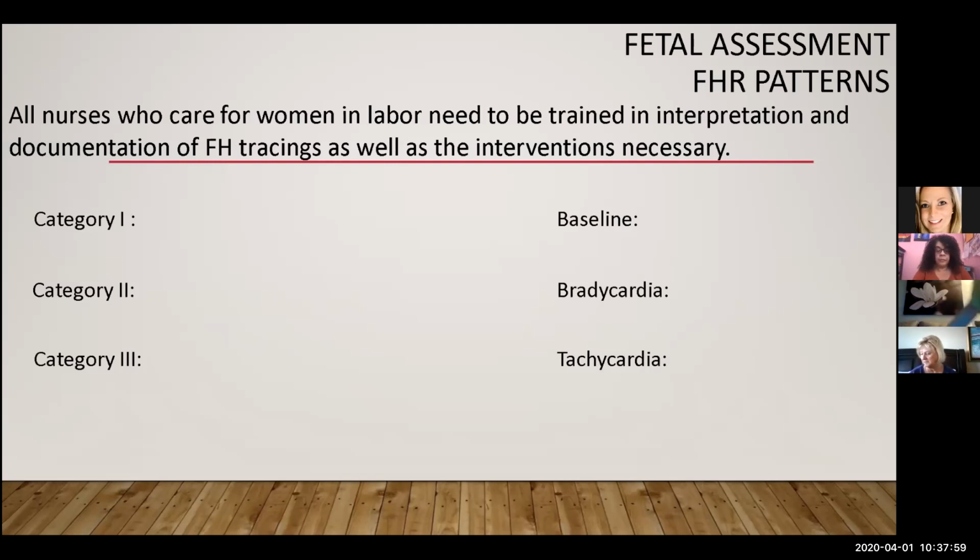Those causes include fetal hypoxia, maternal fever, maternal dehydration, amnionitis, drugs, maternal hyperthermia, maternal anxiety, fetal anemia, prematurity, fetal infection, chronic hypoxemia, congenital anomalies, fetal heart failure, or fetal arrhythmias. So a long list of things that can cause fetal tachycardia.